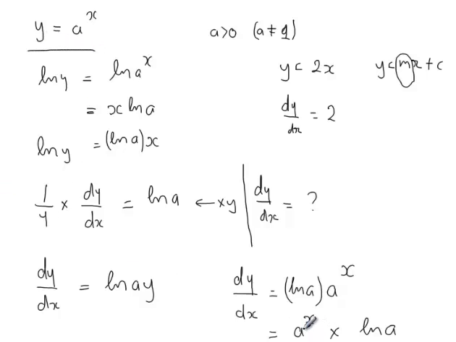I'm getting the same thing multiplied by ln of a. So then I can make a statement. It means that whenever I'm differentiating an exponential function a to the power x, that exponential function will bounce back, like it happened with e, the natural base. It will bounce back, but it will be multiplied by ln of the base.